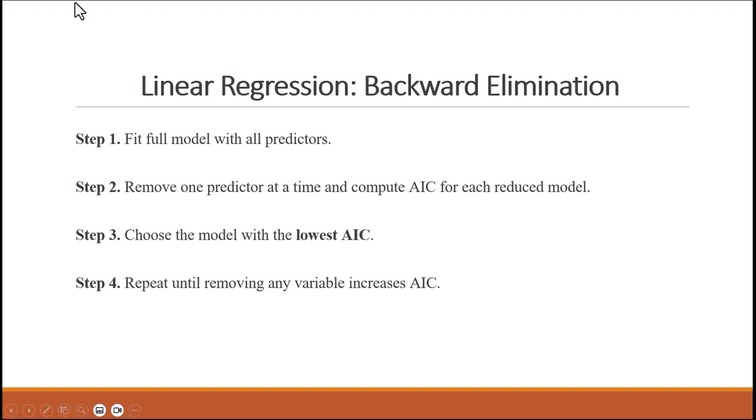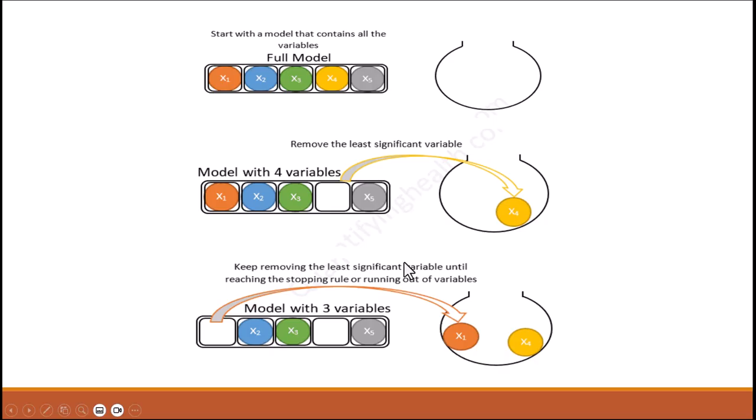We repeat all these steps, removing any variable whose removal improves AIC, until we create the best model. Here is again the schematic picture of backward elimination, which you can focus on to understand backward elimination better.